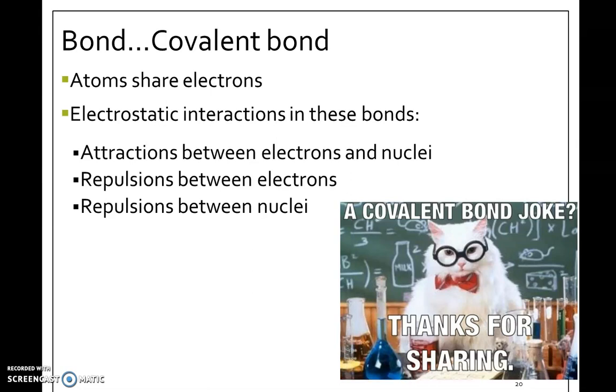So if the nuclei are too close together, the positive charges start to repel. If the electrons are too close together, they start to repel. But there's also an attraction between the electrons of one species and the nucleus of the other. So all these interactions must be considered in a bond.